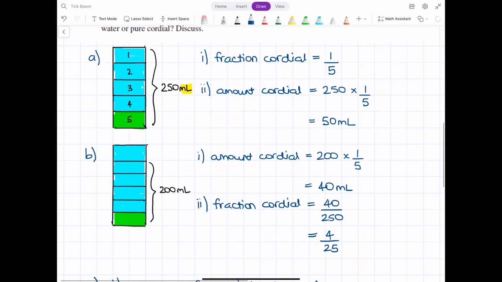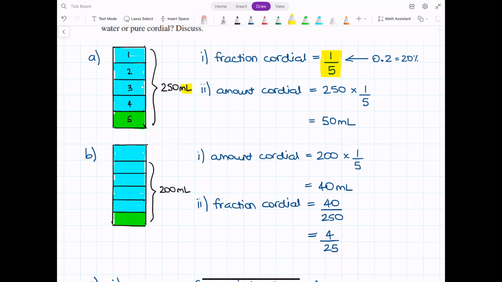We began with a fraction of 1 over 5. To help us compare these fractions, it can be useful to convert them to decimals. So 1 divided by 5 is equal to 0.2, and if I multiply by 100, I get 20%. So 20% of the glass is cordial.